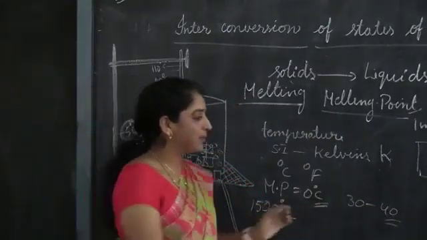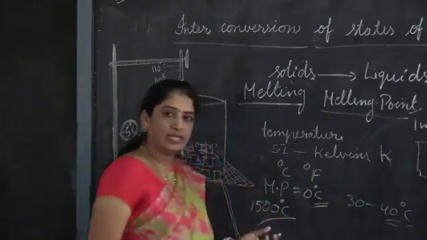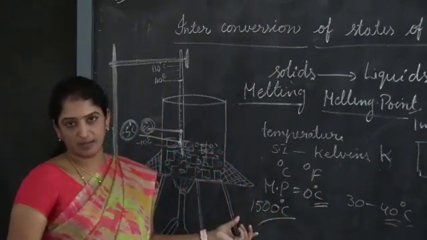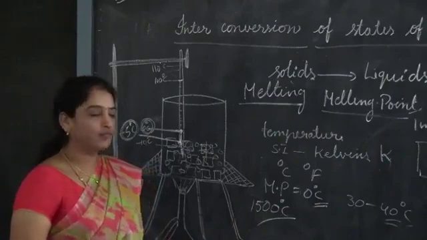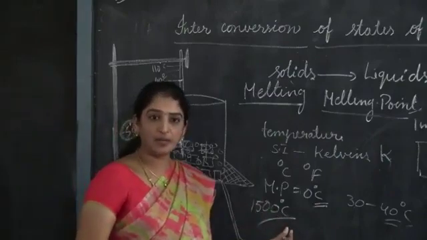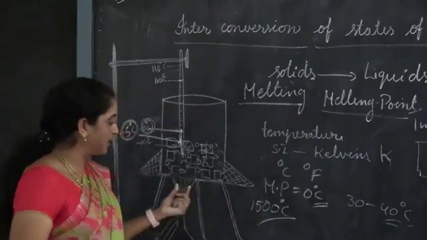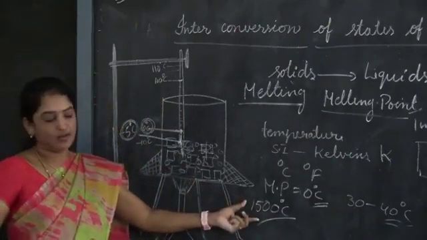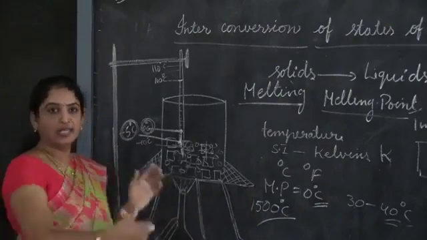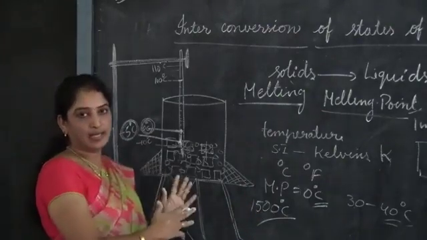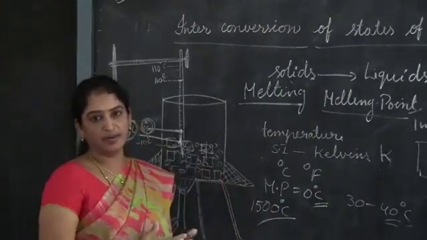At this temperature, iron metals exist in solid state because the melting point of metals is very high. Iron melting point is nearly 1500 degrees centigrade. So if we give a temperature above 1500 degrees centigrade, then iron can be converted into liquid form.